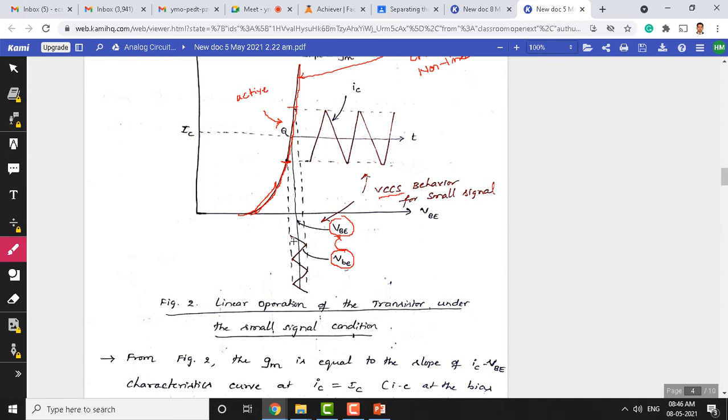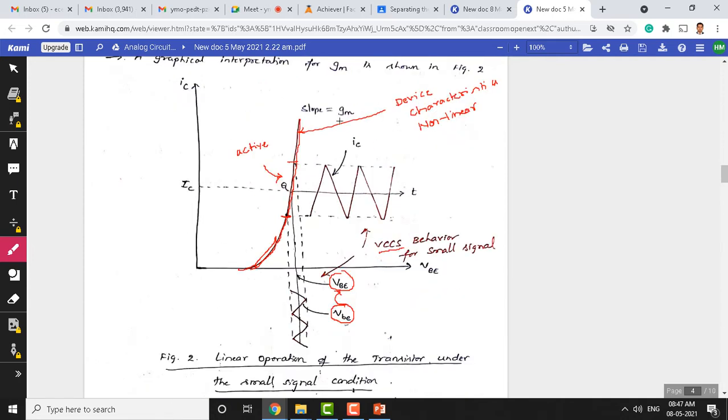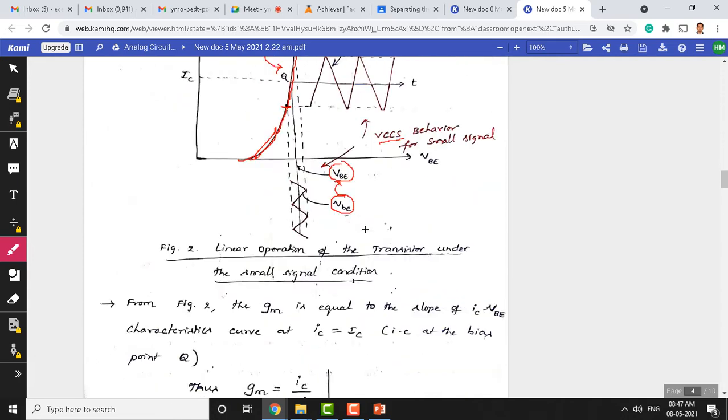The small signal means here VB cannot be very large, it must be very small, and it must be at the Q point, at the mid of the active region. So the signal will be increased in value. The gm tells you by what quantity the signal will be increased.